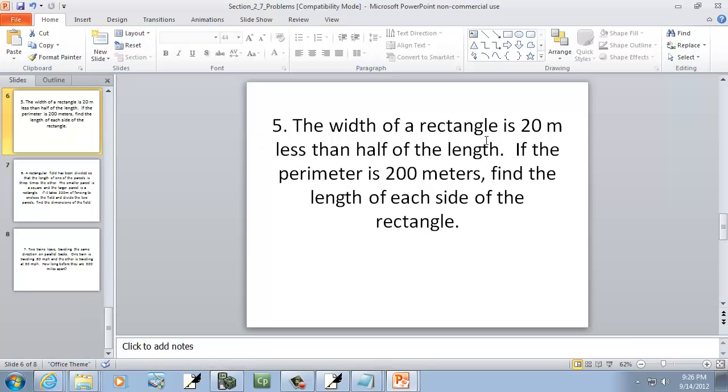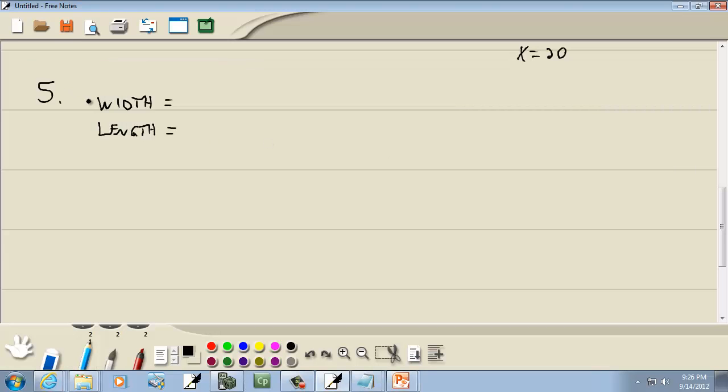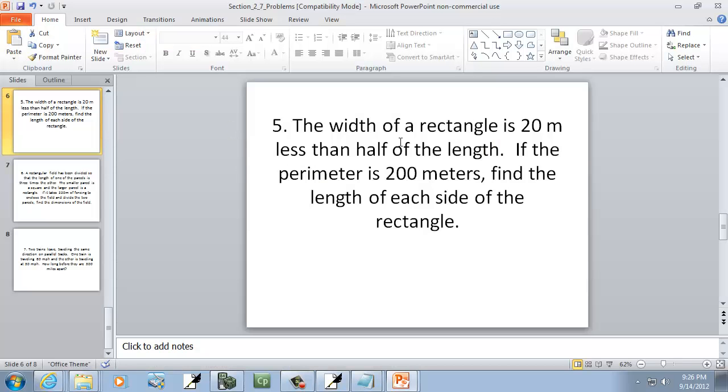So the width is being put in reference to the length. Which means this is just going to be our variable, L. Instead of x, I chose L for length.